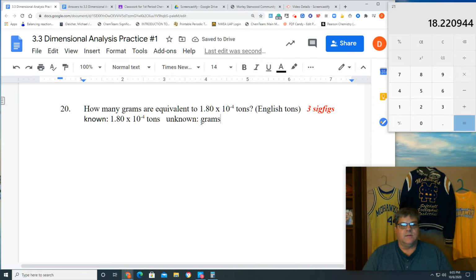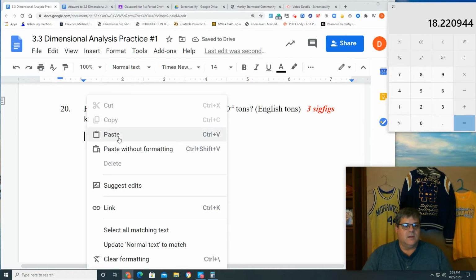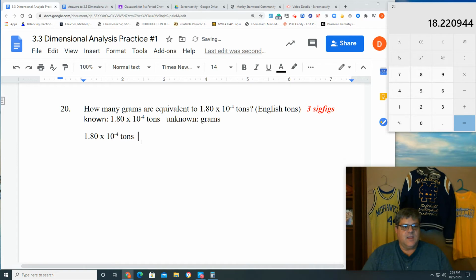Ooh, what a combination. So we're going to always start off with what we have. Paste that. And then we're going to put, as always, our times and a line. We're going to put tons on the bottom, and we're going to put some type of metric system on the top.